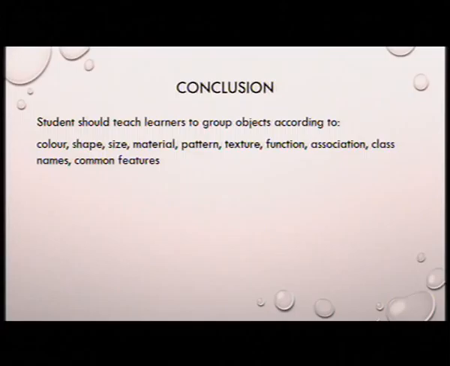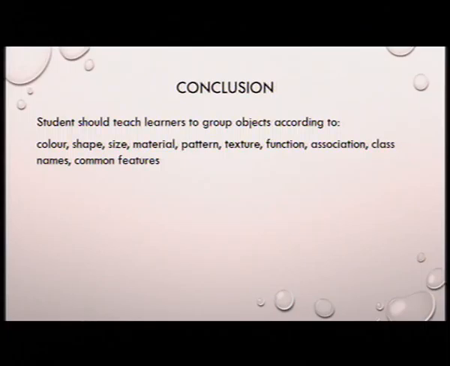Their function is more about technical things. Or when you see a knife and a fork, the learner must be able to see that these are used in the kitchen. They are cutlery. So whether they are used to cut, to peel, to eat, to cook or to do any other function, they must know that those things are made for the kitchen.